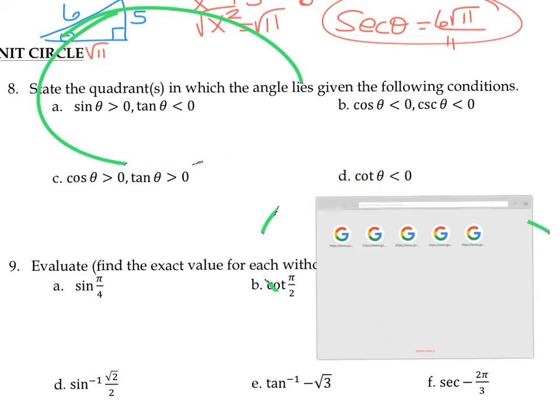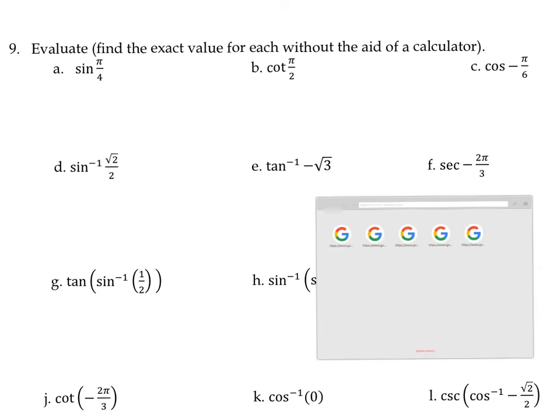So we're going to go ahead and keep going. We're going to evaluate some of these. Sine of pi over 4. Pi over 4 is here. My sine value is y, so that's square root of 2 over 2. Cotangent of pi over 2. Pi over 2 is here.